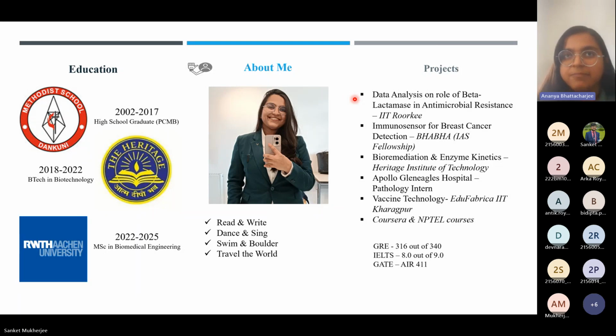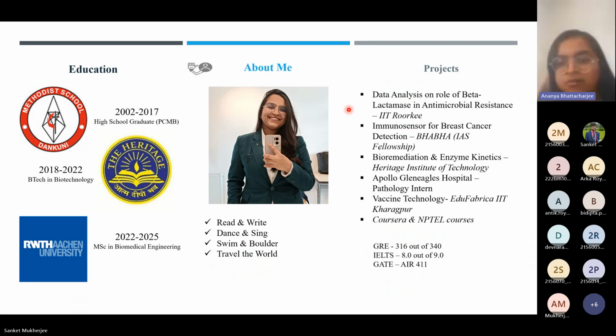But make sure that you don't mail too many professors from the same university because then it gets crowded. One of them from IIT Roorkee replied, and I was a part of his project on data analysis and the role of beta lactamase in antimicrobial resistance for 1 year, and a lot of my colleagues after me joined as well.